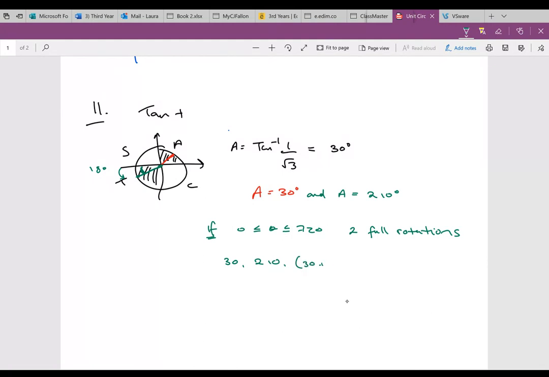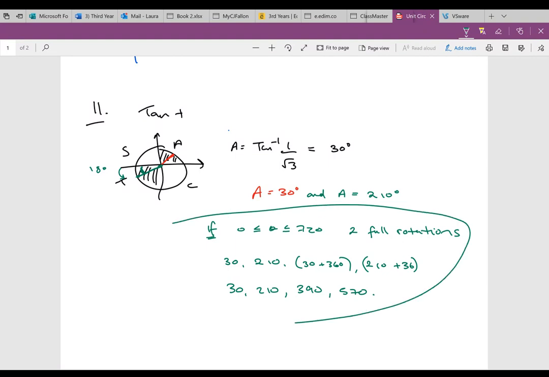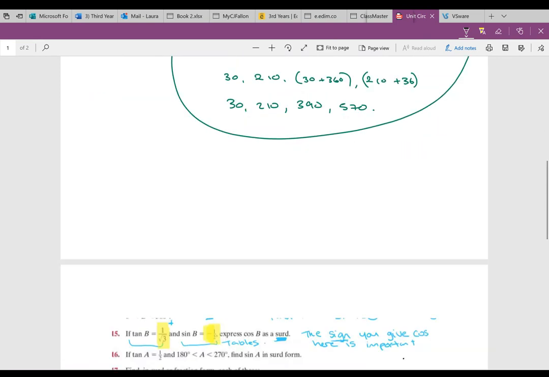So I'd say 30 plus 360, 210 plus 360, and that would give me 30, 210, 390, and 570. If, and that's a big if, we weren't actually asked that. So for this question, that is the answer.